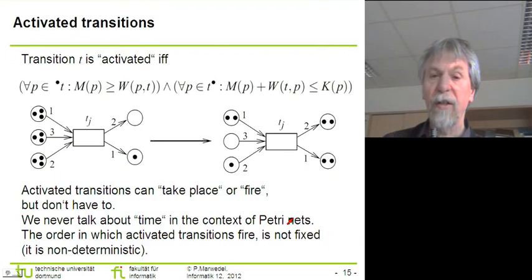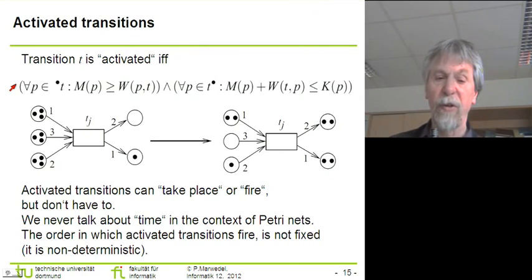Now next I'd like to describe something which more or less we have already implicitly assumed during the explanation so far. I'd like to describe what is the required condition for some transition to take place. Some transition can take place if it's so-called activated, and a transition is activated if in the precondition set there are enough tokens, and if for the post-condition set there is enough capacity.